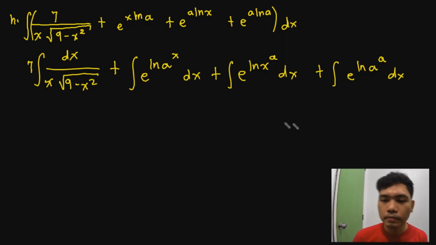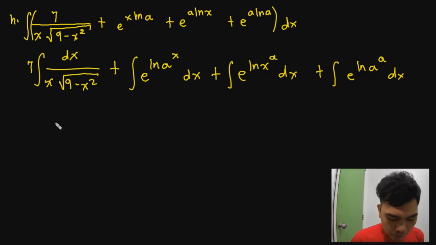dx. Now to deal with the first expression, I have factored out 7 just to leave the expression right here that looks similar to the antiderivative of the expression after the inverse hyperbolic tangent of x over a, that is the inverse hyperbolic secant of x over a.